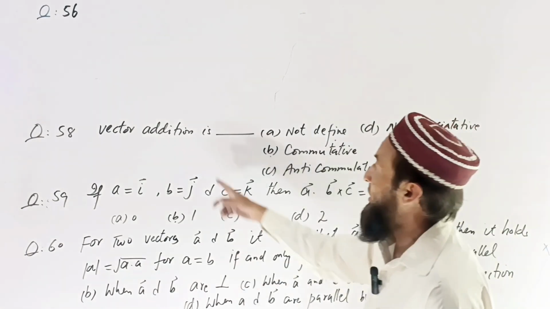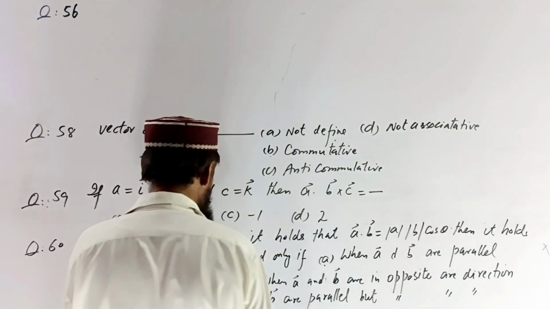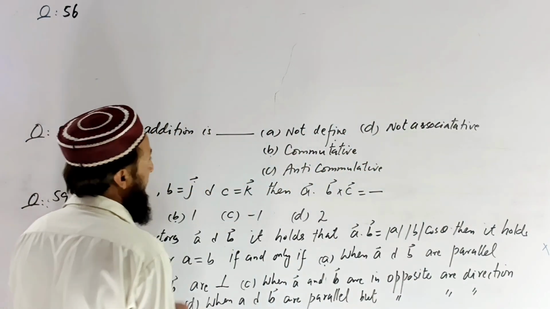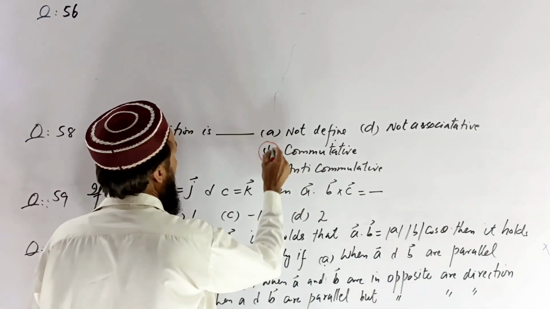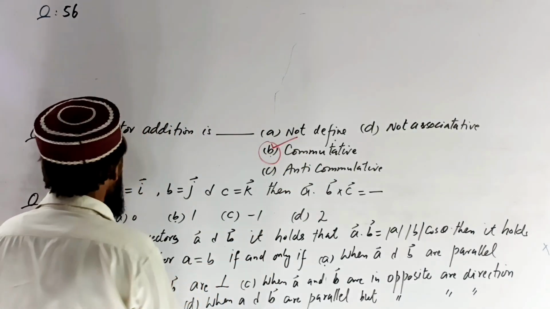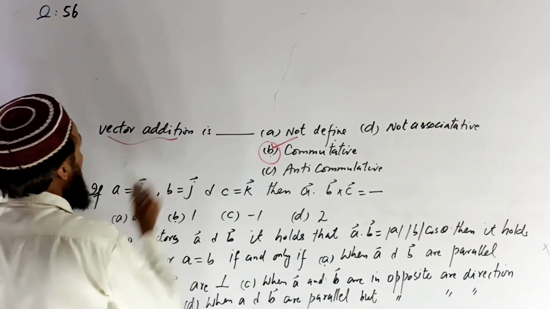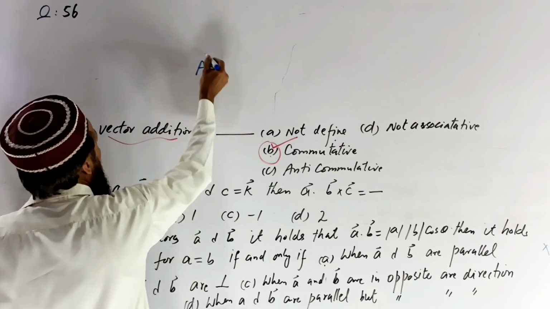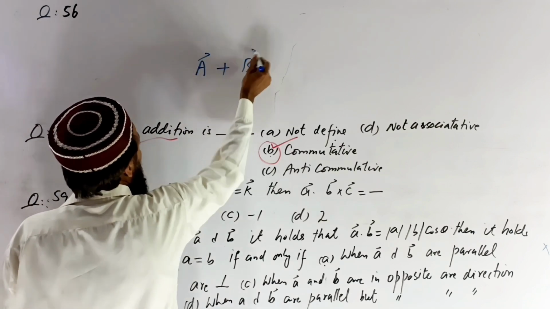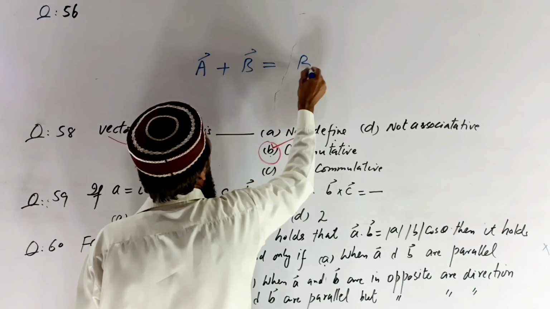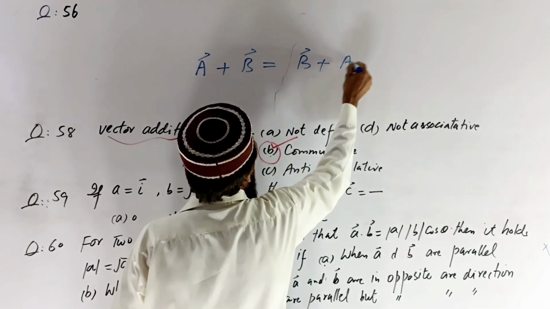So here vector addition is only applicable for the commutative law, and that is the correct answer, because vector addition is just like if we take any two vectors A and B, we can write B plus A vector.